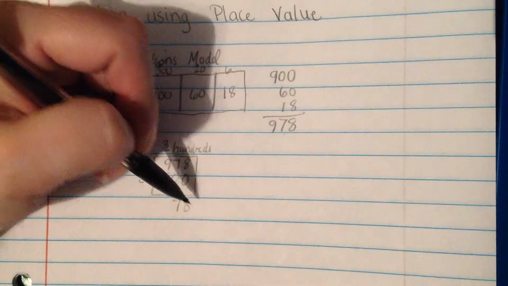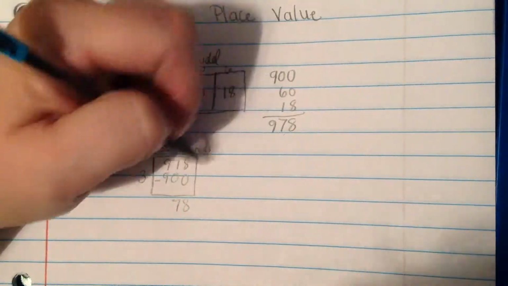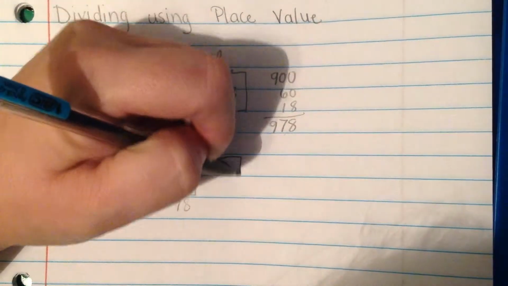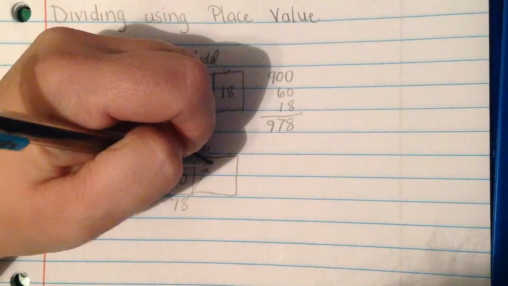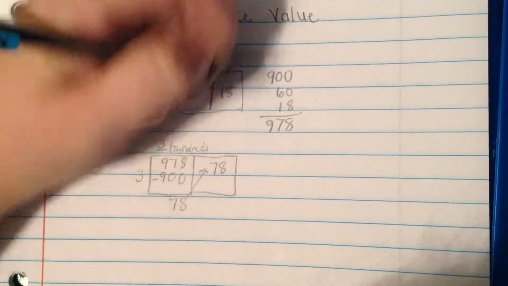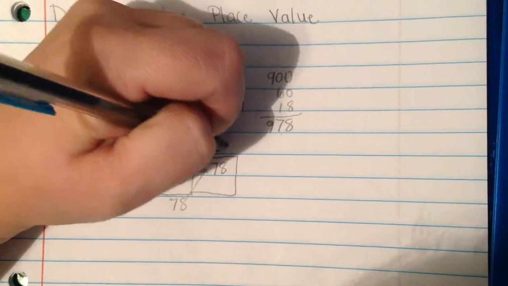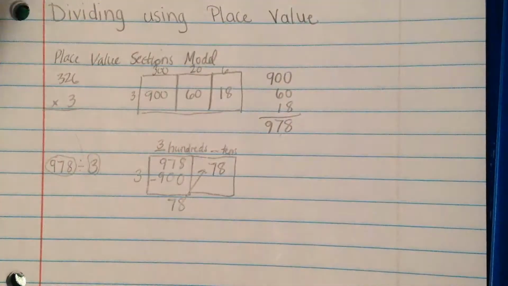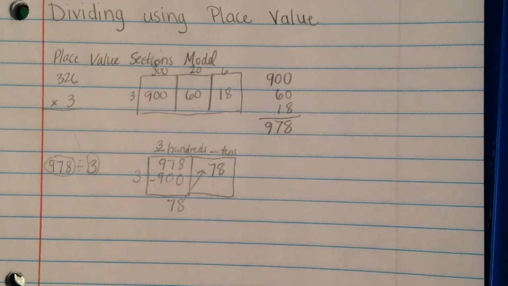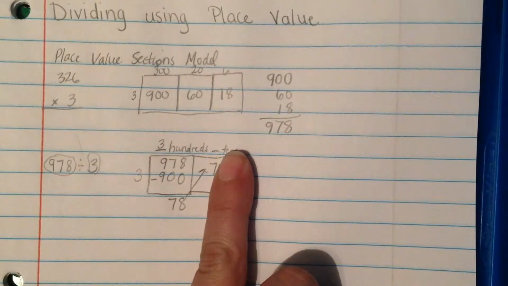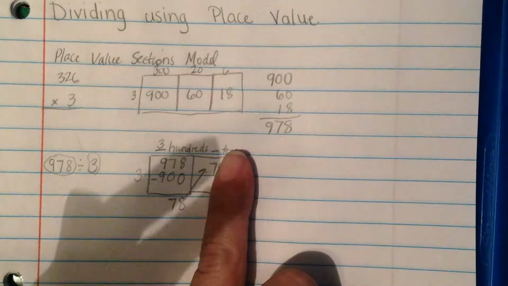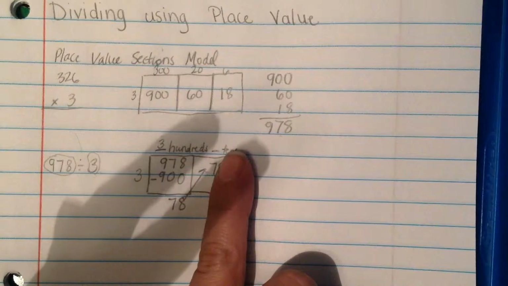I need to draw another box because I'm not down to 0 yet, so I need a new box. This now goes up here, 78. Now I'm looking at how many tens I need. Well, if I'm looking at my tens place, I'm going for 7. 3, 6, 9. 9 is too much.